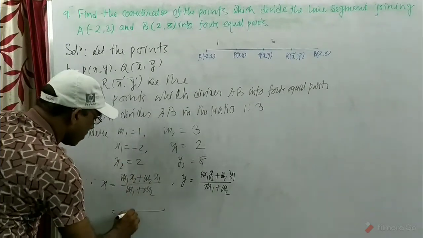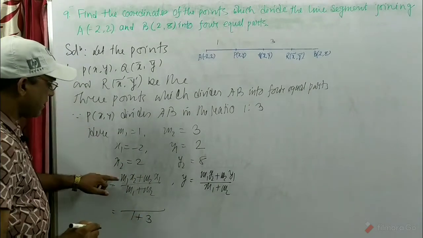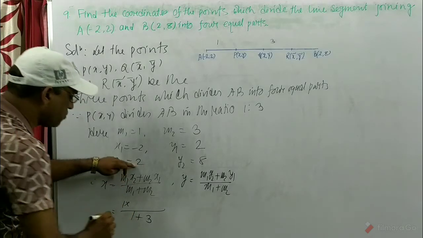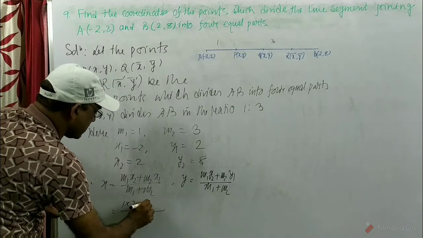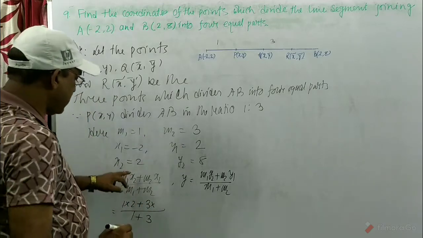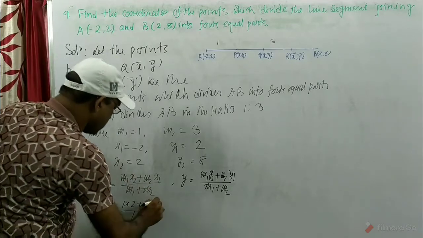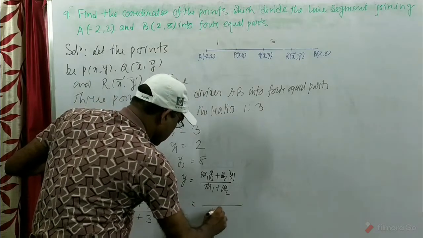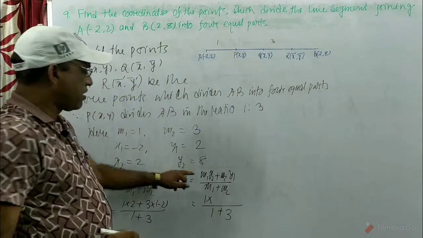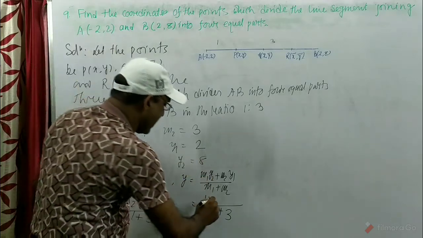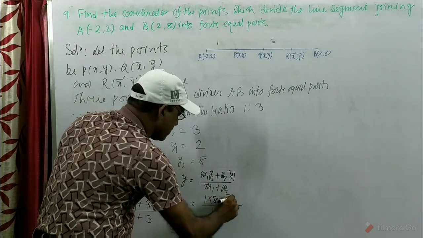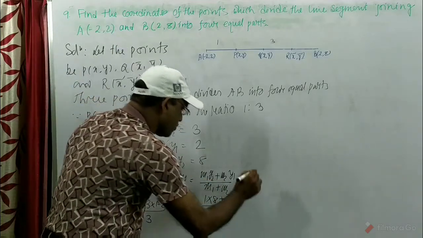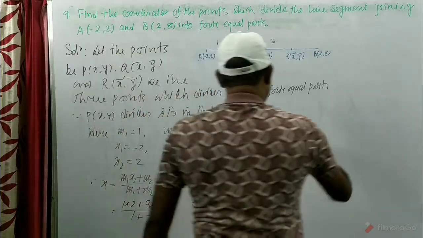Now putting the ready-made values, M1 means 1 plus 3, and M1 is 1 and x2 means 2, plus M2 means 3, into x1 is -2, we get this. And here also 1 plus 3, 1 into M1 means 1, Y2 means 8 plus 3 into Y1 is 2. Now we want to solve this.